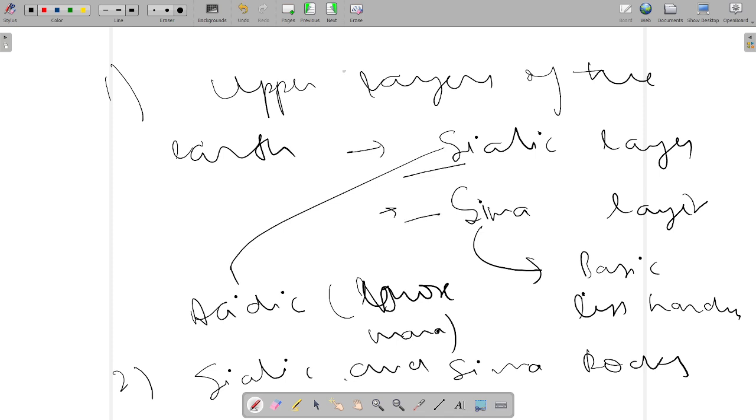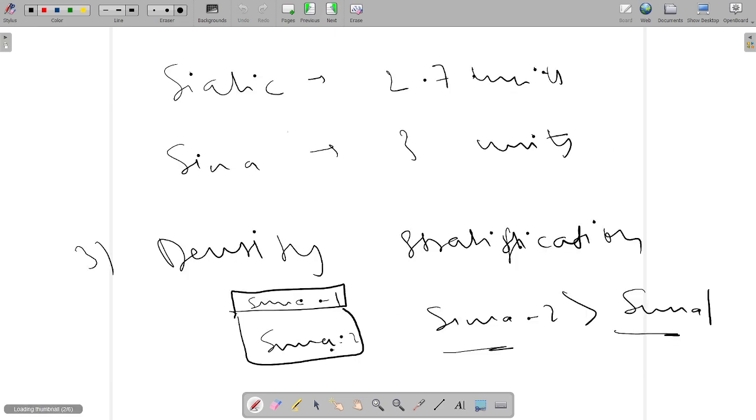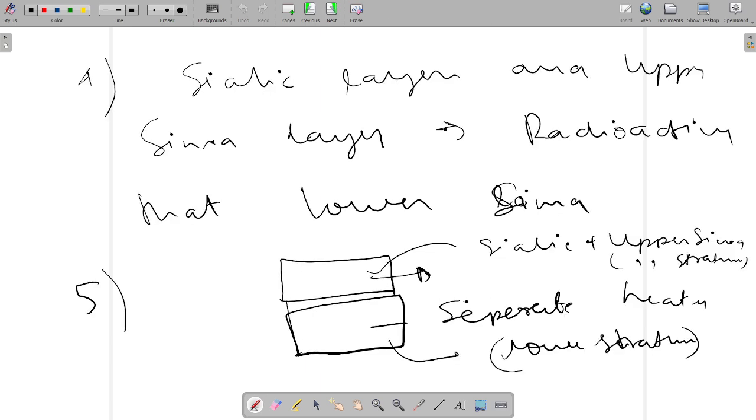Sialic and Sima rocks have different density. Sialic rocks are less dense, Sima rocks are more dense. There is density stratification: the upper Sima is less dense, the lower Sima is more dense.